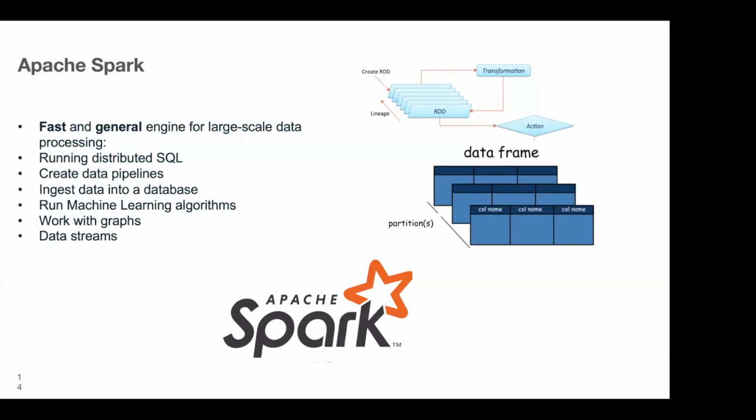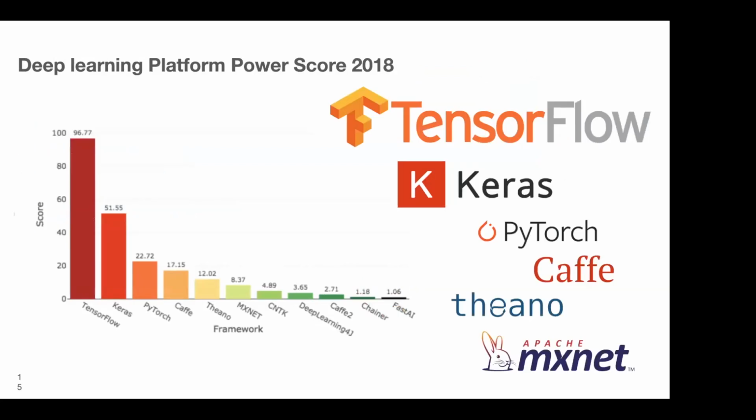It also has very good libraries and methods, I would say, for feature engineering, especially when you work with RDDs. The other concept is the deep learning platform. Initially, a couple of years ago, we only had access to mostly structured data, like tabular data, which was stored in data warehouses.